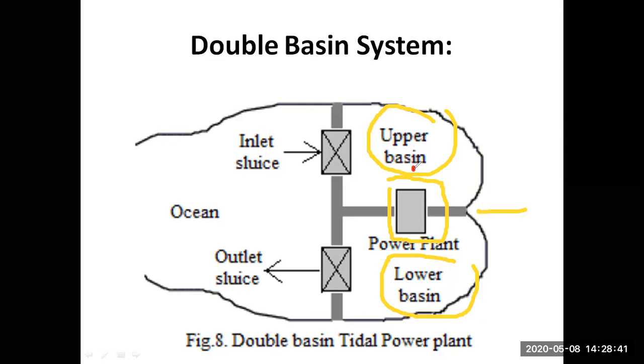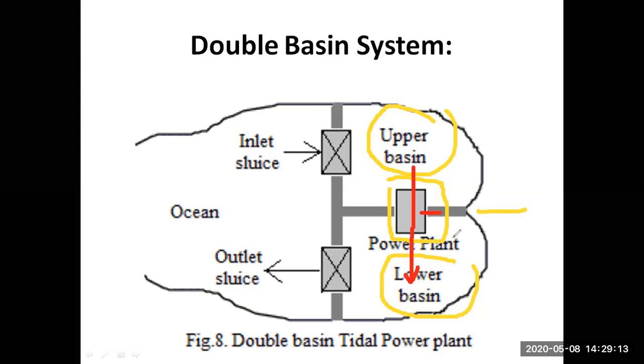The flow from the upper basin to the lower basin goes through the turbine, which is responsible for the rotation of the turbine blade, which is coupled with the dynamo. Ultimately, electricity generation starts. So this portion is the orientation of the upper basin and lower basin, with the provision of the turbine.